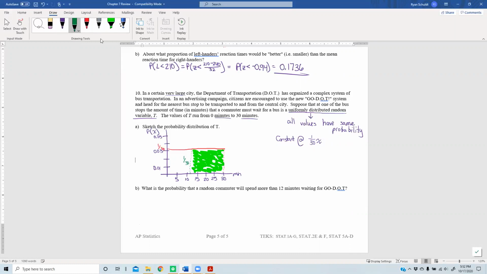This is just a rectangle. How long am I? From 12 to 30, that's 18. So the probability that t is greater than 12 equals 1/30 times 18, which is 0.6. That's what we're wanting to find.